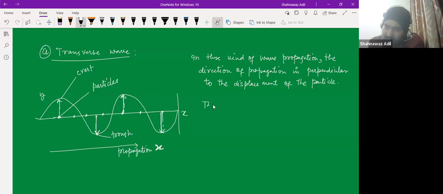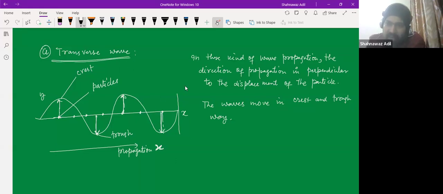And the waves move in crest and trough, right? So they move in crest and trough, right? So whenever these kind of propagations are there, these are called transverse waves, right?